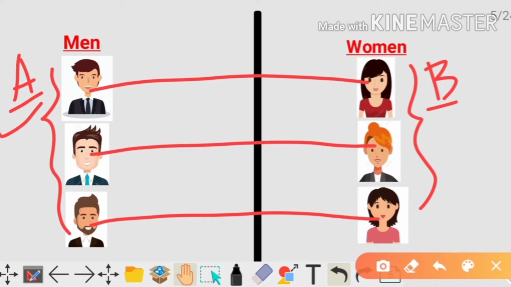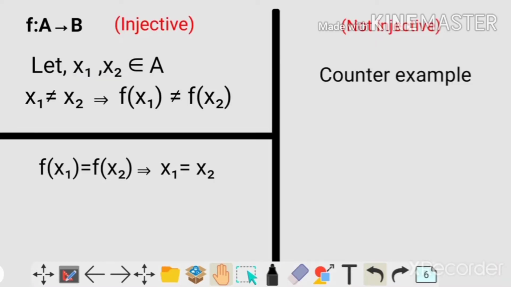Now let's move to the mathematical example of injective functions. So first we need to know how we prove a function is injective. If the function is injective, then you need to prove it in a generalized way. And if it's not injective, then you just need to give a counter example. So how do you prove a function is injective? There are two methods.